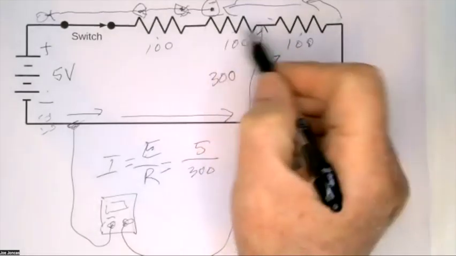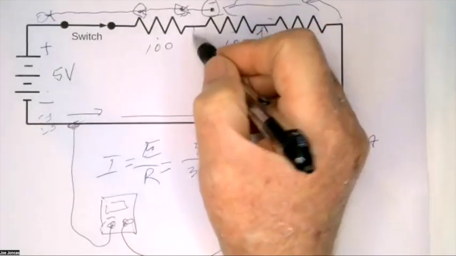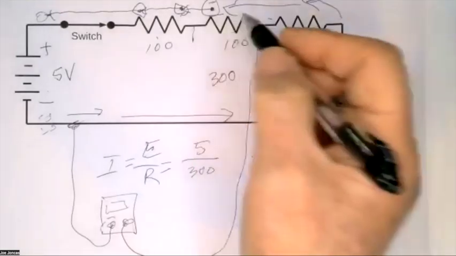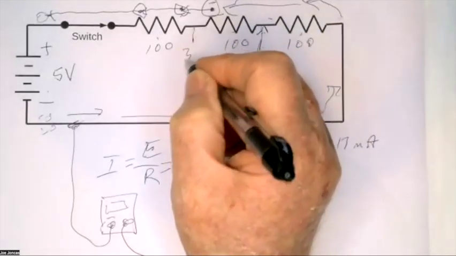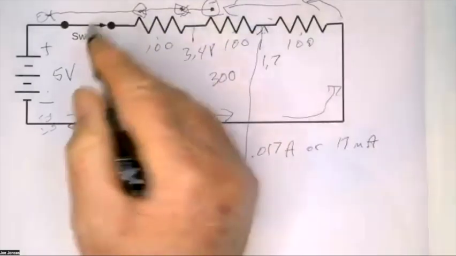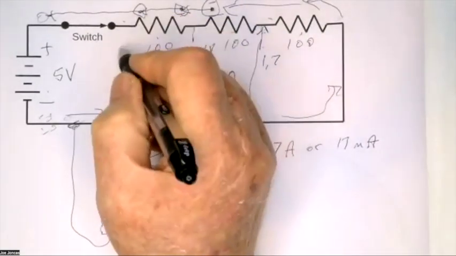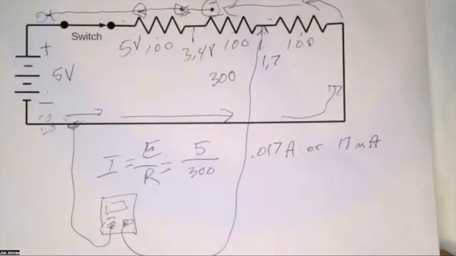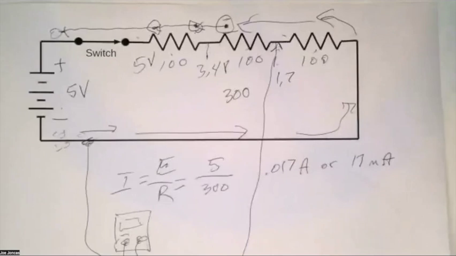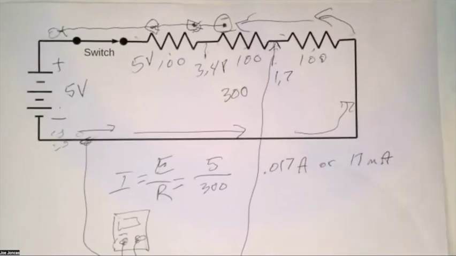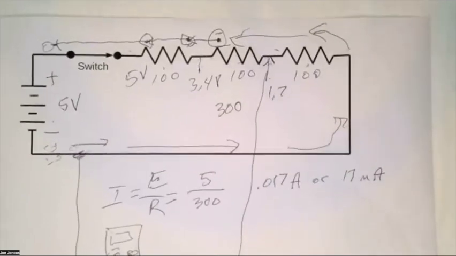And since the current going through here is the same, the voltage from here to here will be 1.7 volts, or this will be 3.4 volts. And then if you measured from here to here, this is going to be 5 volts. And don't worry if you're not getting this yet, because we're going to cover this in more detail. I'm just trying to warm your brain up.